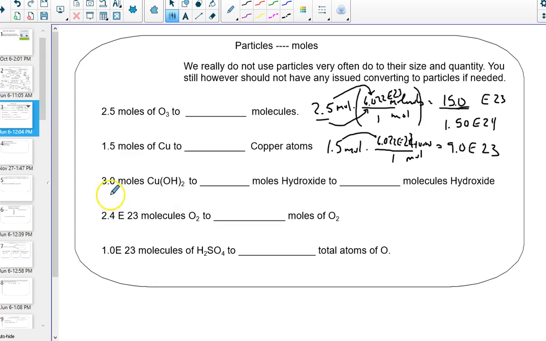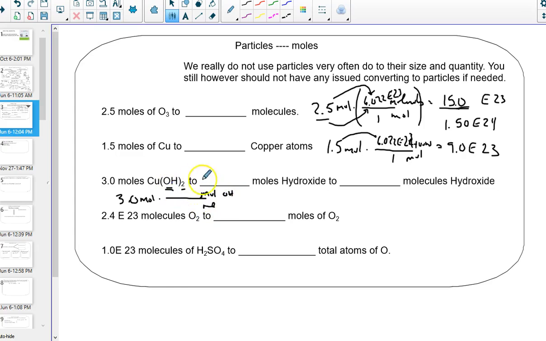All right, 3 moles of copper hydroxide. Okay, so 3.0 moles. Get rid of moles. We'll go to molecules, getting rid of moles of hydroxide. Now, in this problem, there are 2 hydroxides.